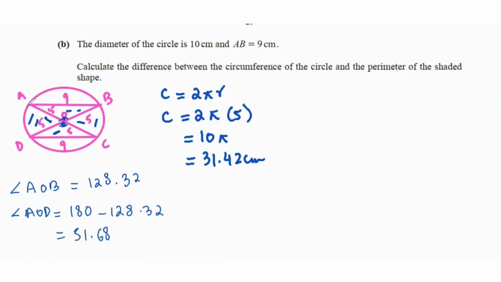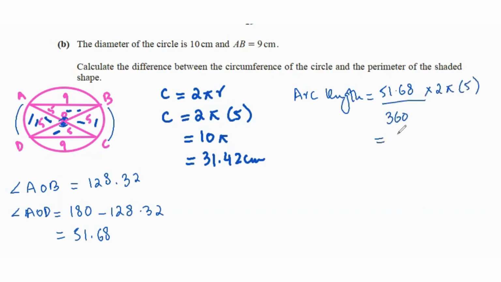To find the arc length of AD and BC, we will do 51.68 divided by 360 times 2 pi r, where r is 5. When we solve that, we get 4.51 centimeters.